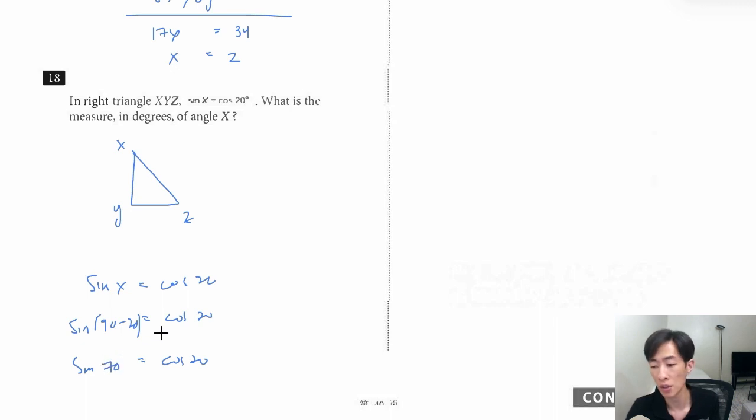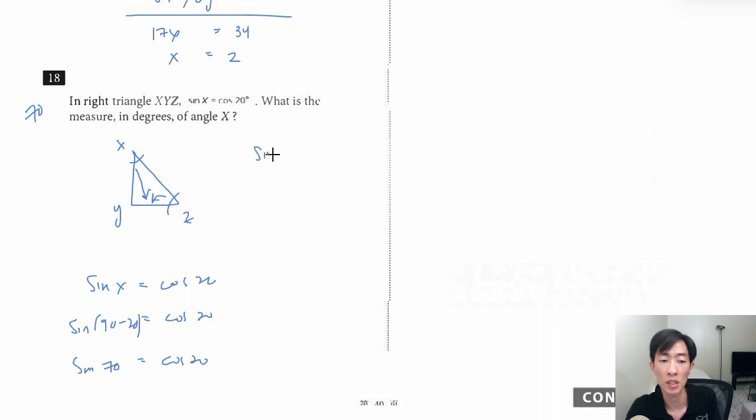And you can actually check this on your calculator. So x is going to be 70 degrees. The reason real quickly that works, why is the sine of x equal to the cosine of its complement? Because notice where these are positioned on the triangle. The sine of x is going to be equal to the cosine of z, because the side that's opposite x is the side that's adjacent to z.